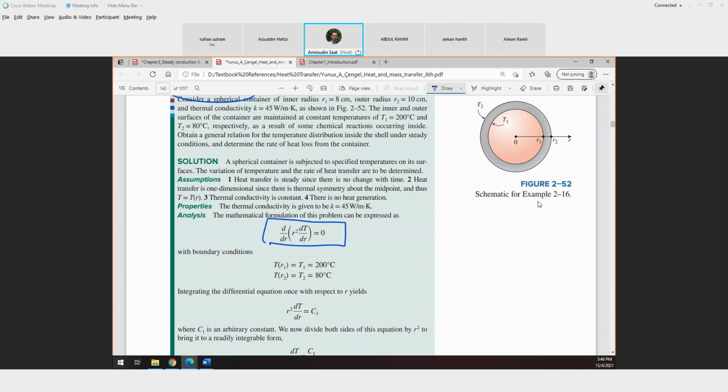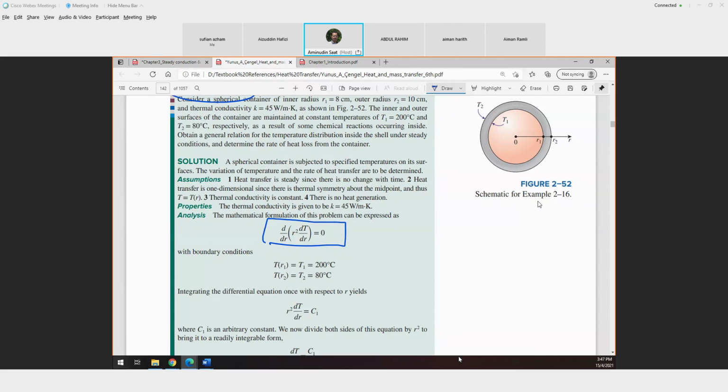So your test covers chapter 1, chapter 2, and chapter 3 until thermal resistance. But don't worry, it is open book. You still have these examples to help you understand. But again, my advice is please don't try to understand the examples during the test. You will not understand the example in a very short time.